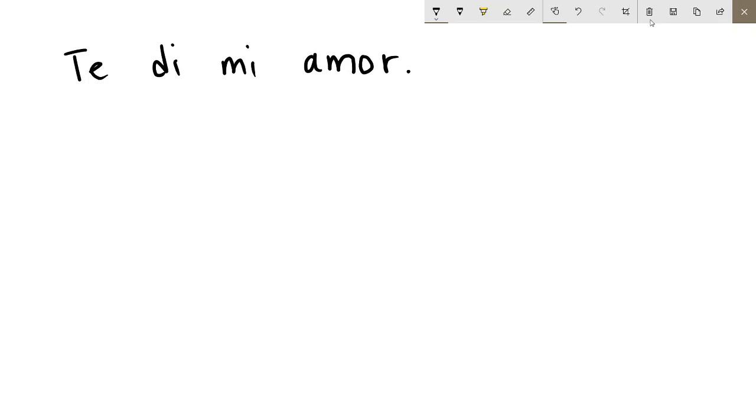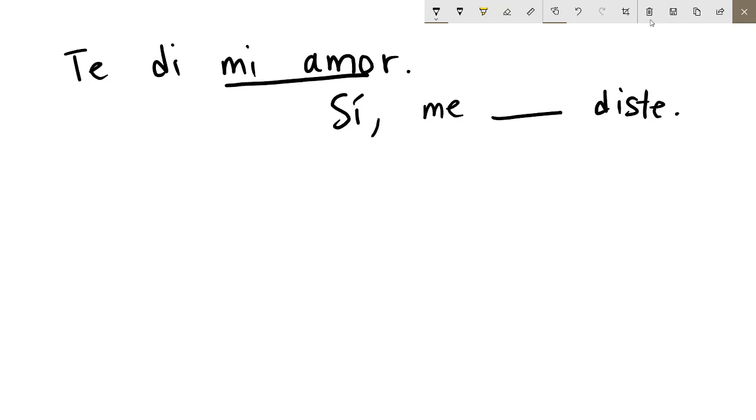And so let's say the spouse wants to agree, yes, you gave it to me. Of course you gave it to me. So he or she would say, sí, me diste. Right? So here, this person's saying, I gave you my love.